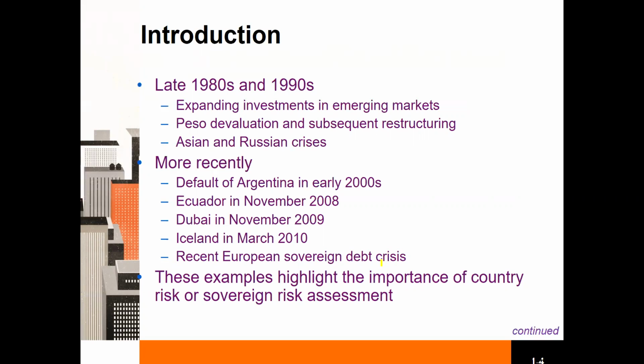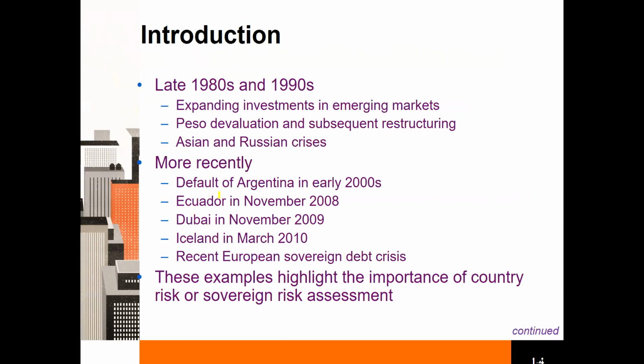Notwithstanding their experience with LDC lending, LDC meaning less developed countries, a decade earlier, global financial institutions began once again to invest considerable amounts in these emerging market countries in the late 1980s and early 1990s. And eventually, a debt repayment problem was again observed in Mexico and a few other Middle Eastern and Southwest Asian countries.